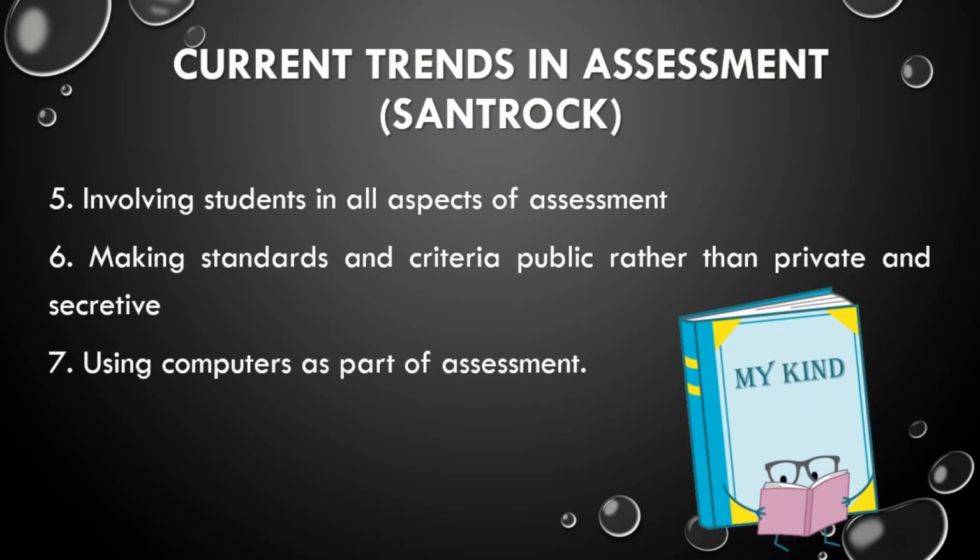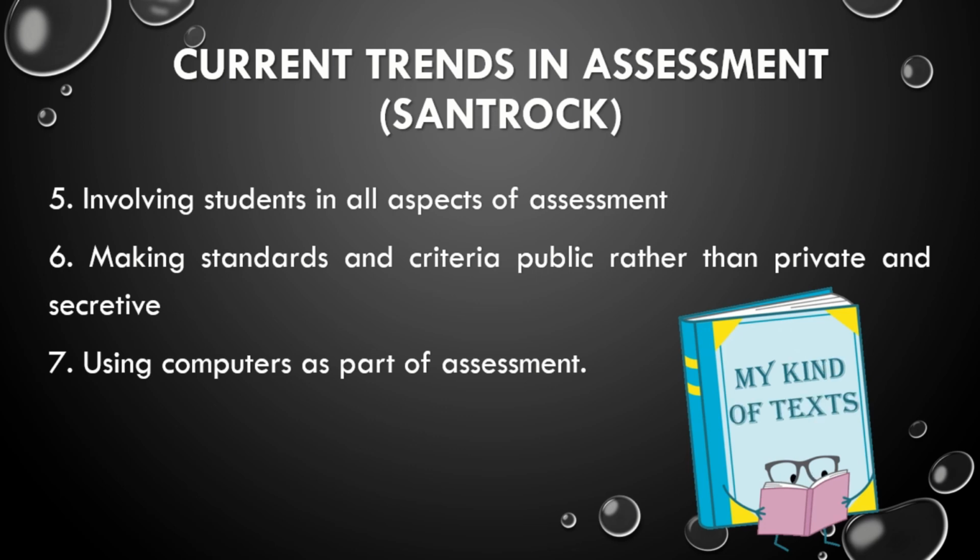The fifth one is involving students in all aspects of assessment. It works if the students are involved from the setting of expected targets to be demonstrated after the instruction, to checking on their progress in the course of the teaching-learning process, and to finally determining the extent to which they realized expected targets.